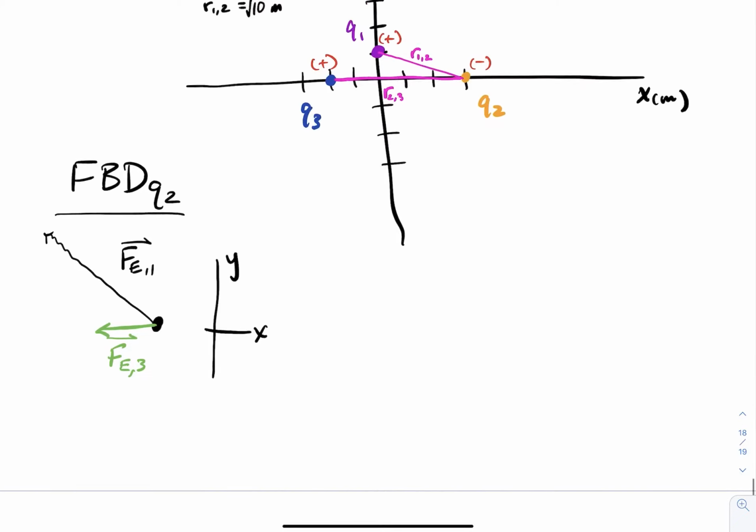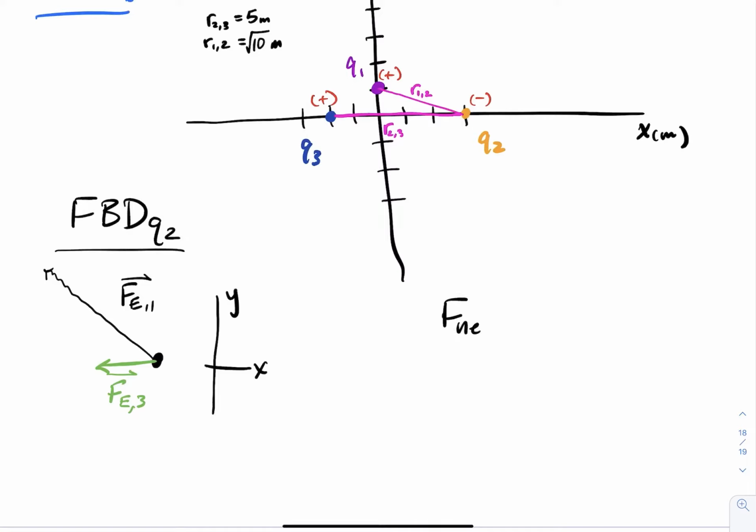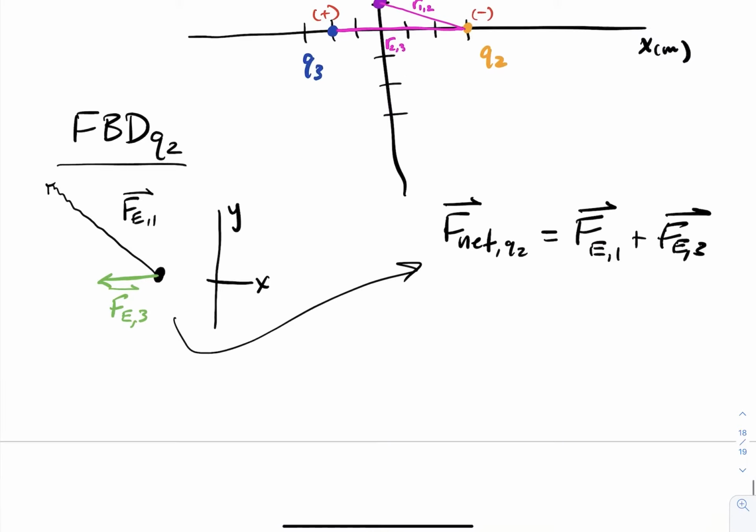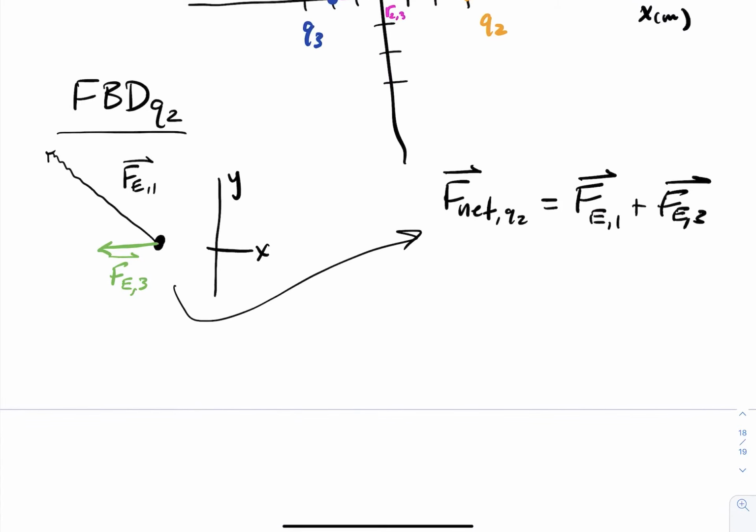We know that the net force, F net, on our Q2 will equal Fe1 plus Fe3 from our picture. That's in general. Now, the way that we've been doing this since Physics 1 is we would look at components of these forces.